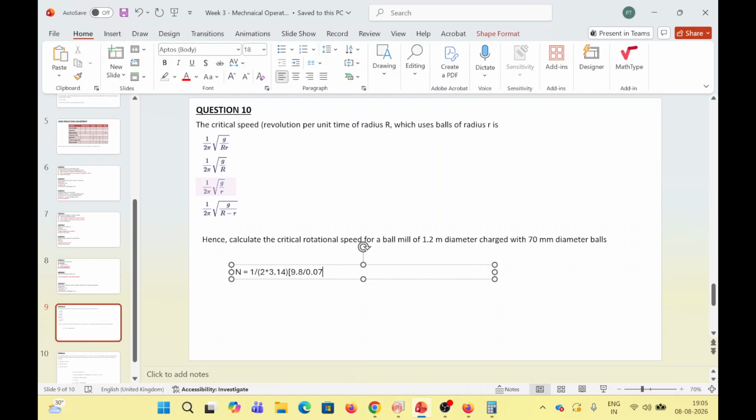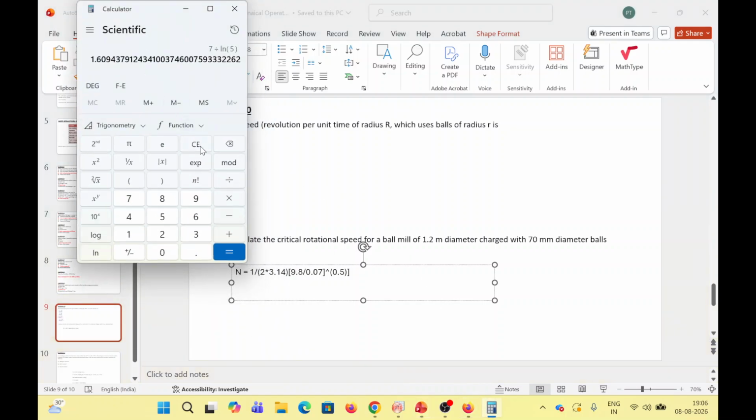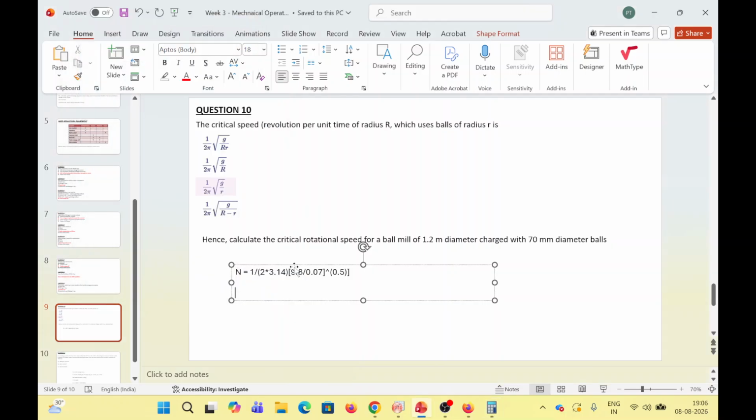This expression whole power 0.5. That's 9.8 by 0.07, which is 140, and 140 to the power 0.5 is going to be 11.83.